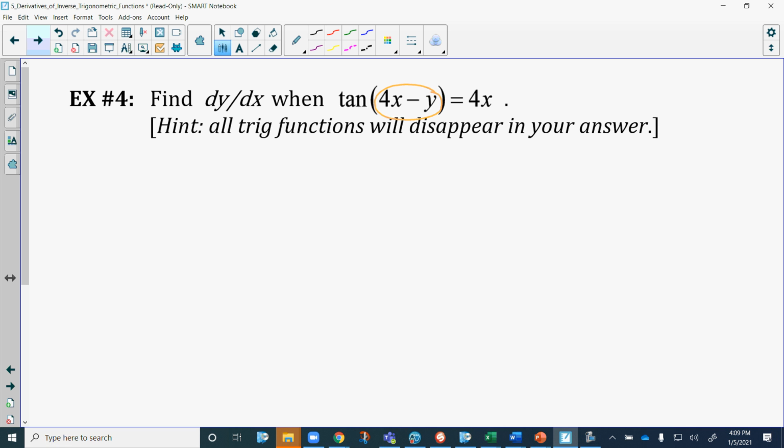Okay, so let me go ahead and write it out. We have tan of 4x minus y to be equal to 4x.